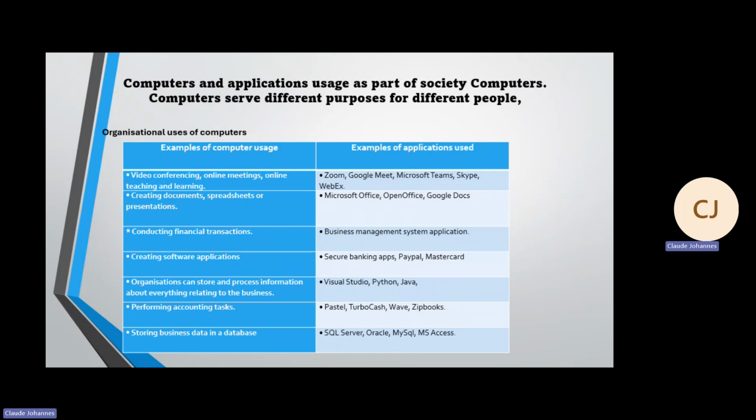If you're interested in those things, you can search those names and you will get the understanding. Storing business data in a database, you have your SQL Server, your Oracle, your MySQL, and your MS Access, which is basically from Microsoft.